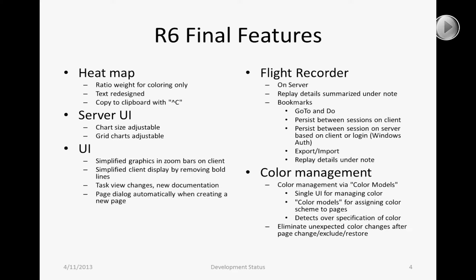And what's new in the 6.0 release is the concept of color models. So we'll be able to create different models for different metrics and apply them to different charts and different pages. And this is important because as we design projects, there's usually groups of pages that are themes. So for example, if it's a promotional effectiveness project, you might have a set of pages on the left side that are about the promotions. And then maybe as you move to the right side of the project, there's a set of pages on the customers.